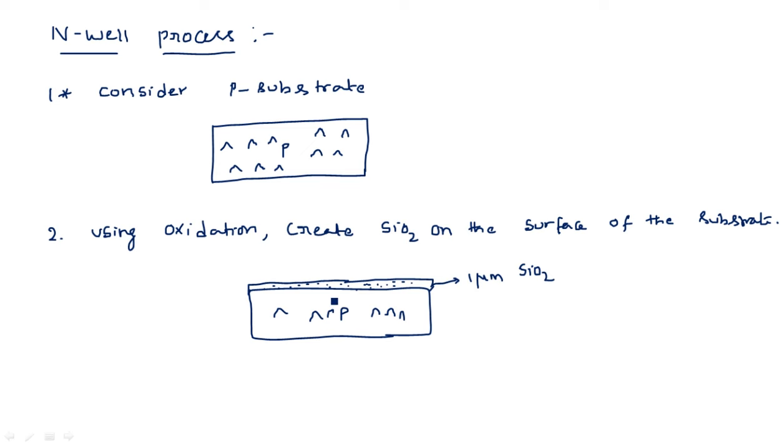Now we need to create the N-well on this P-type substrate. In order to create the N-well in this particular area, we need to vacate the oxide layer from here to here. So remove the oxide layer in this particular part so that we can diffuse N-type impurities into this P-type substrate, so that the N-well is created. How do we remove a particular layer on the surface of the substrate?